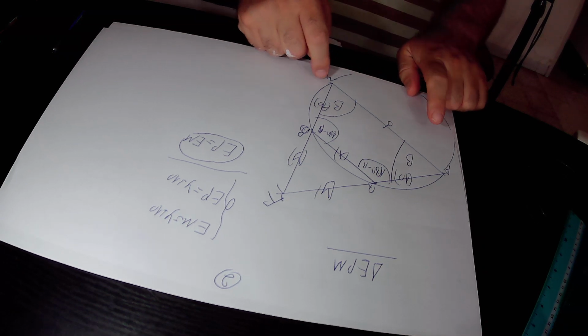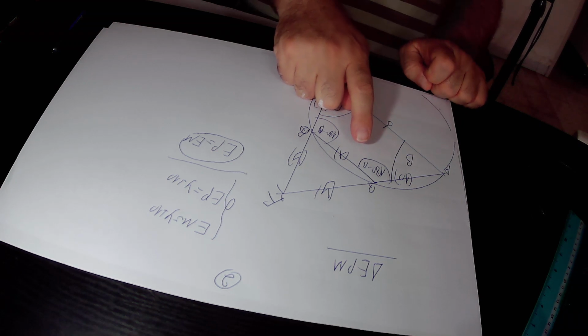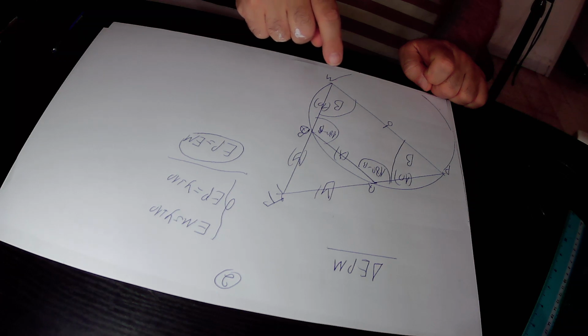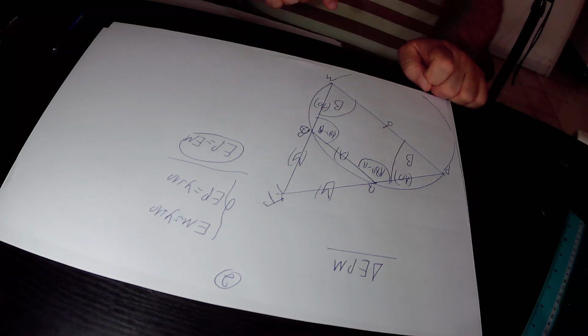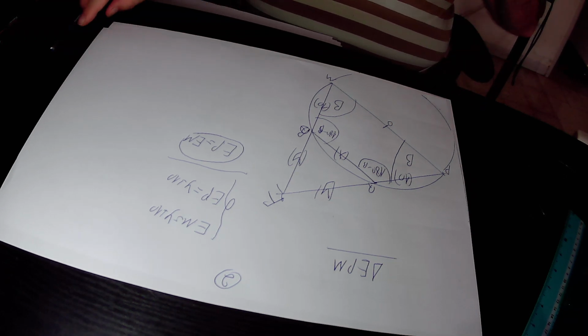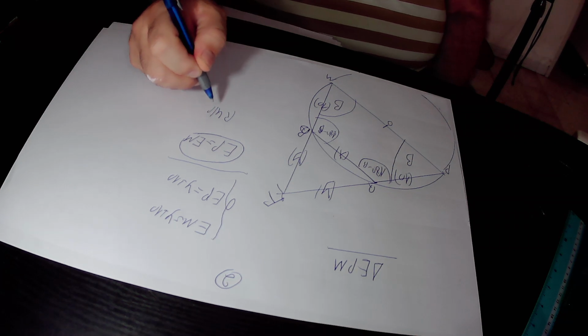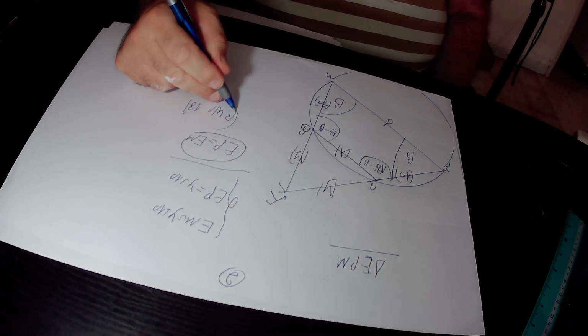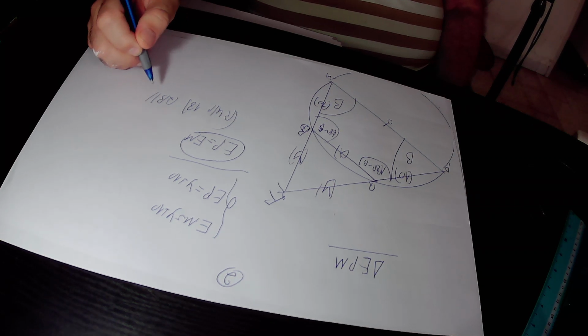That is to say, line QB is parallel to line PM, according to rule 18.